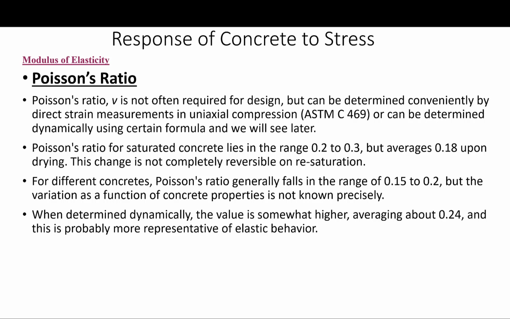When determined dynamically, the value is somewhat higher, averaging about 0.24, and this is probably more representative of elastic behavior. So this is what I'm going to mention about Poisson's ratio, and later we might come across it again, but that's what you need to know about it now.